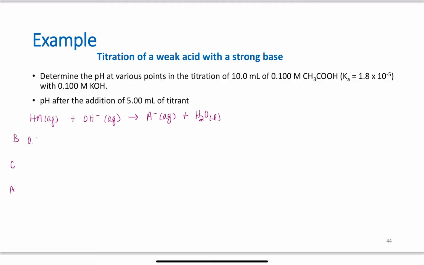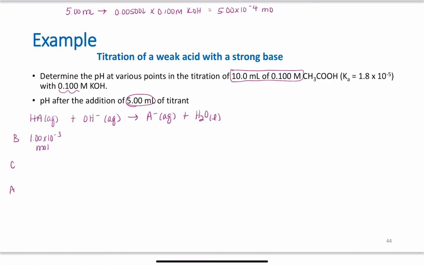I know initially I have 0.00100 or 1 times 10 to the negative third, whichever way you want to write that, moles of HA. Again, that's found from these numbers here. We've calculated it a few times now, so I'm not going to calculate it again. And then if I have 5 mils of titrant, and the titrant has a 0.1 molar solution, I get 5 times 10 to the minus 4th moles of hydroxide.